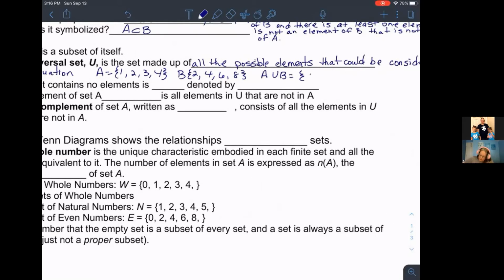So we'd have 1, 2, 3, 4, 6, and 8. You'd only list them once because A and B both have 2 and 4. So it's all the elements included in all the sets being compared.